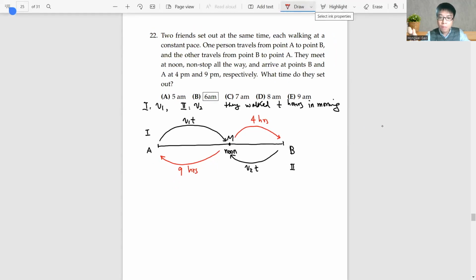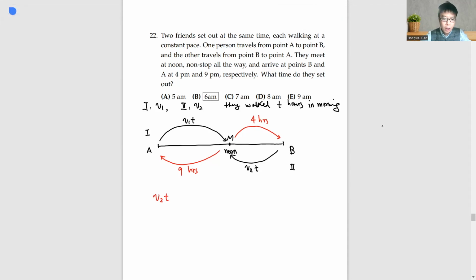So based on their time, we can find the ratio of their speeds. For example, for the first person in the afternoon, the total distance is v2t, which is the distance walked by person 2. So this distance over the speed of person 1 is 4 hours. And for person 2, the distance is v1t in the afternoon divided by the corresponding speed. That's 9 hours.